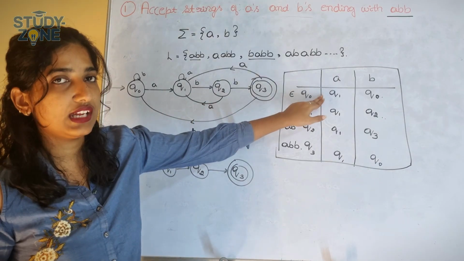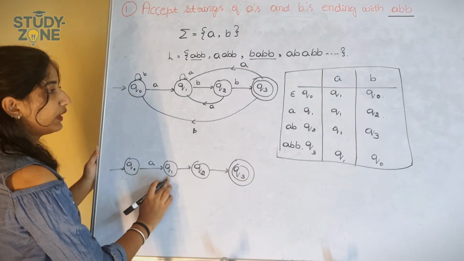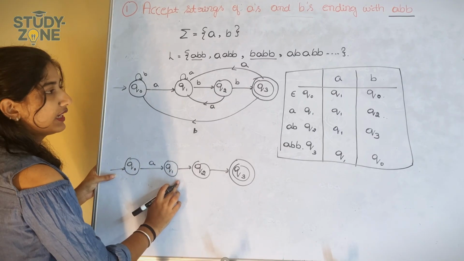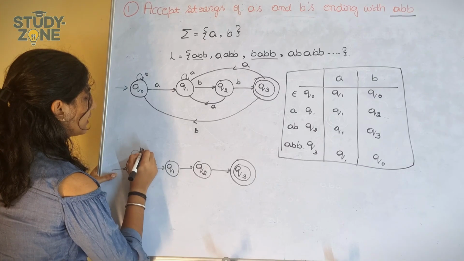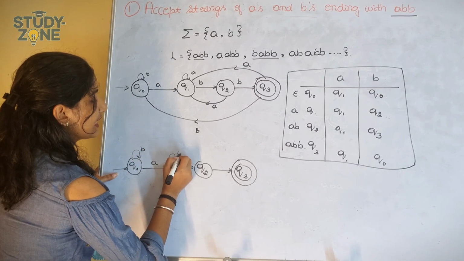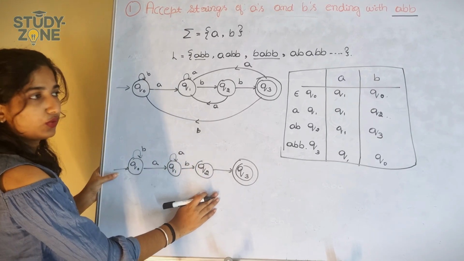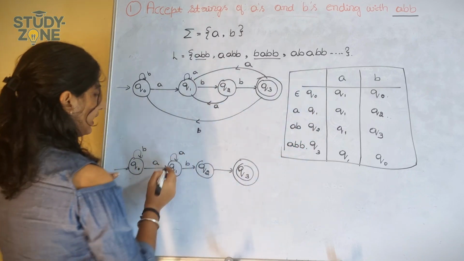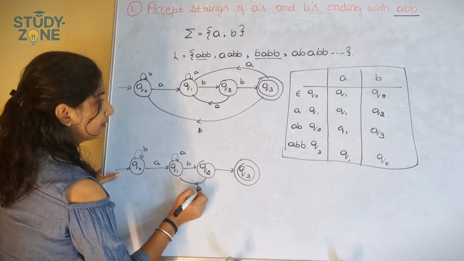Q0 on A, it will be moving to Q1, and tell me, Q0 on B, is it moving to the next state? No, it will be there in the same state. And then Q1 on A, it will be there in the same state. Q1 on B, it is moving to the next state Q2, and Q2 on A, it is moving back to state Q1.